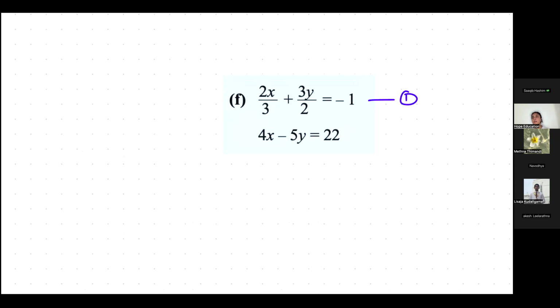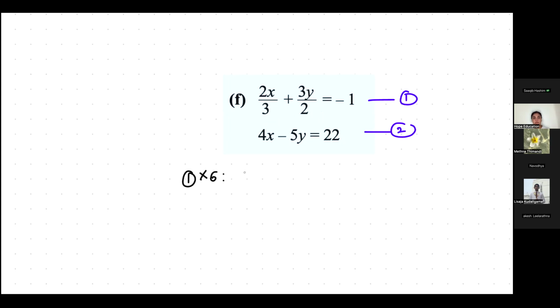Equation 2 is fine because we don't have any fractions, but equation 1 is the problem. In order to remove the fraction format, we check the denominators. Here we have 3, here we have 2. What's the LCM? Yes, LCM is 6. So equation number 1, I'm going to multiply by 6.